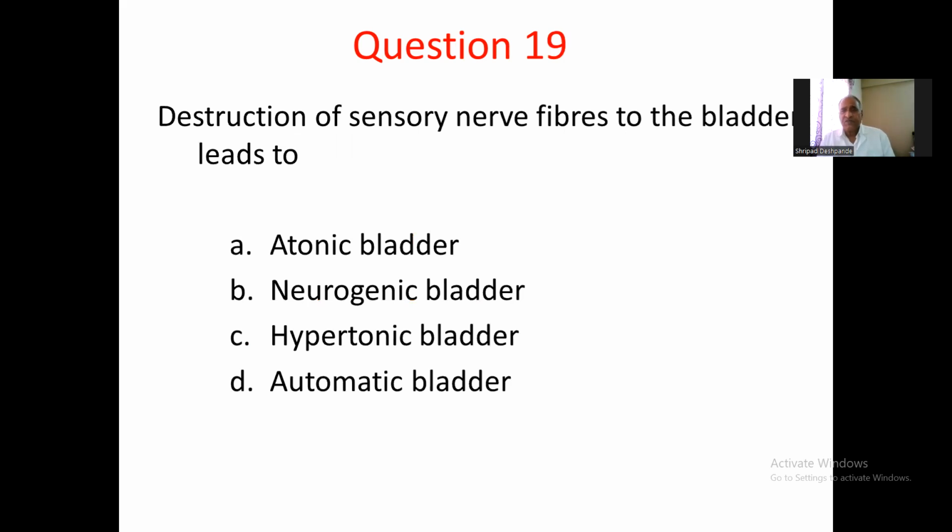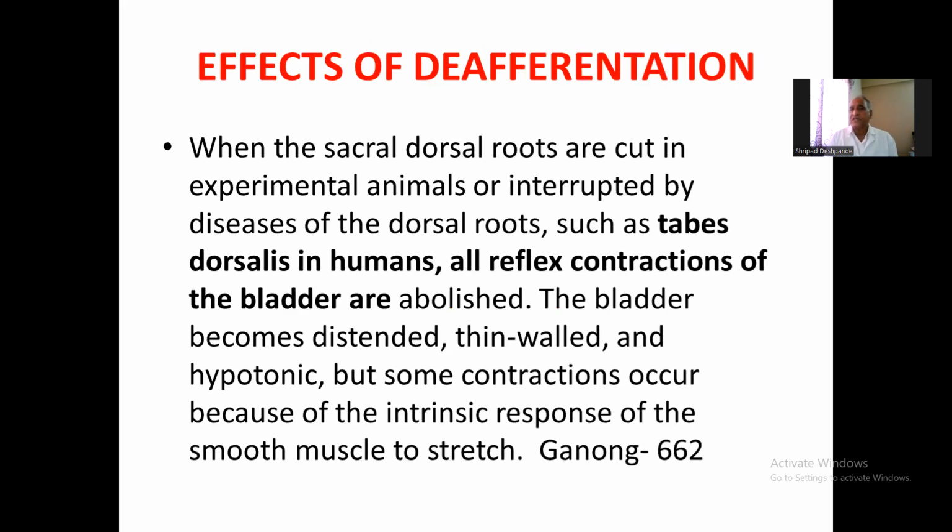Question number 19. Destruction of sensory nerve fibers to bladder leads to A. Atonic bladder, B. Neurogenic bladder, C. Hypertonic bladder, D. Atopic bladder. There is no correct response available, because I read the following paragraph from Ganong, effects of deafferentiation.